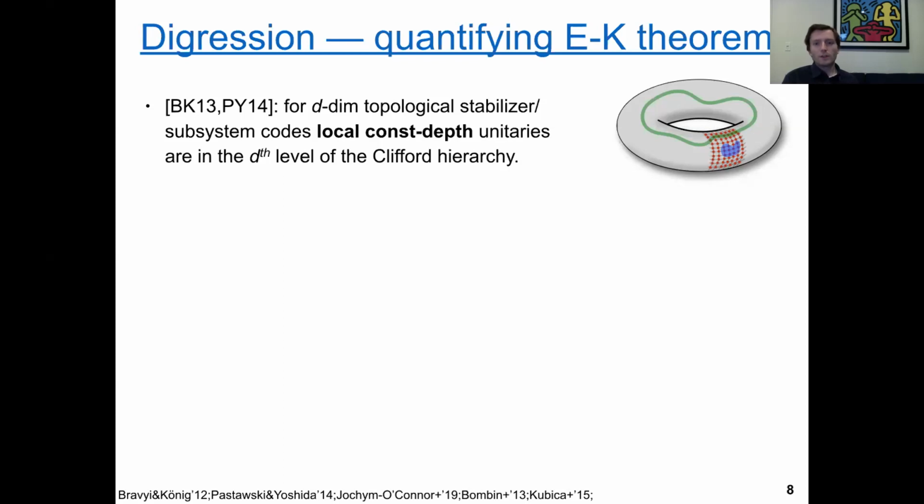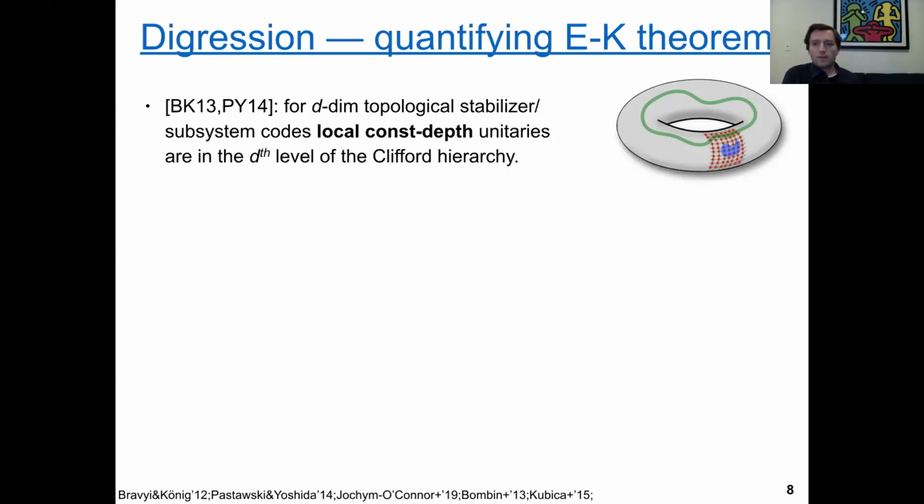So first, what are topological codes? Topological codes can be viewed as quantum codes with physical qubits placed on some manifold. Think of it as the surface of a torus, or it could be a plane.